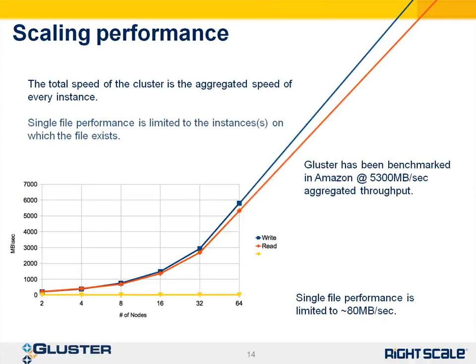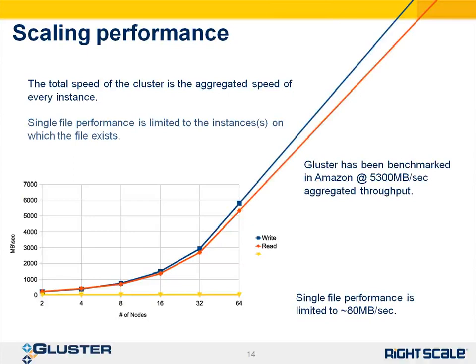Starting in Gluster version 3, which came out several months ago, we took the NFS server and we integrated it into Gluster. So it's now part of our process, and that helped us make it very, very fast. So NFS is a great alternative to GlusterFS.